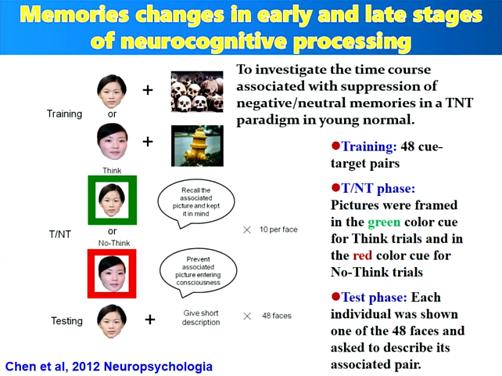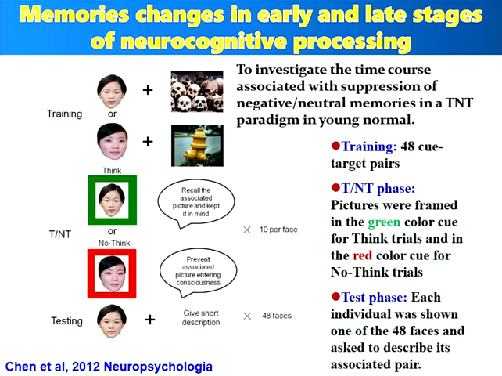We use the ERP technique to investigate the time course associated with suppression of negative and neutral memories in a TNT paradigm in young normal adults. There are 3 steps in this experimental procedure. First, training. Participants were trained to associate 48 cue-target pairs.